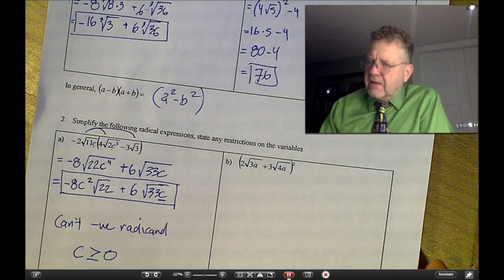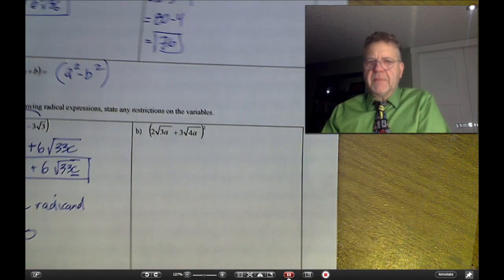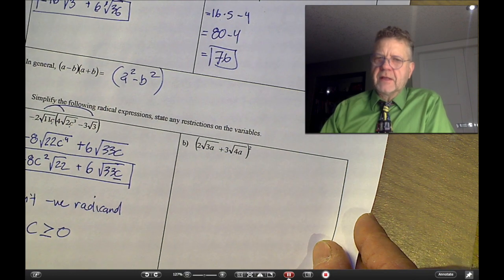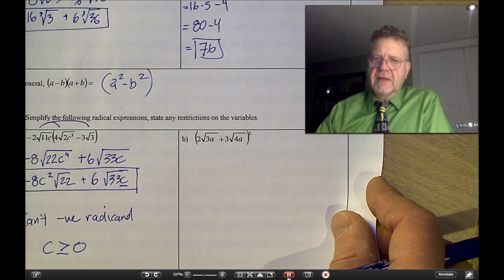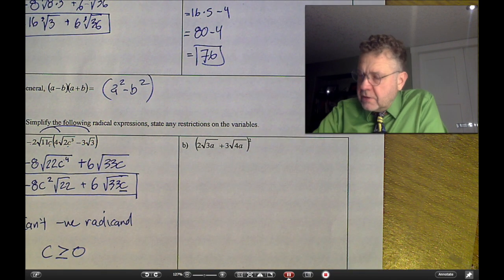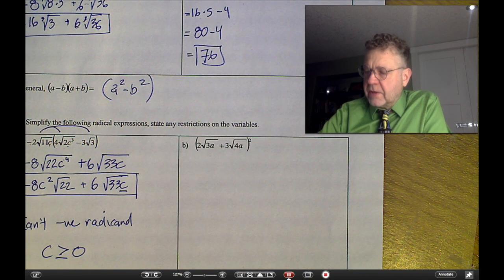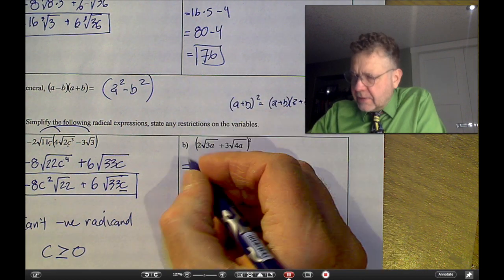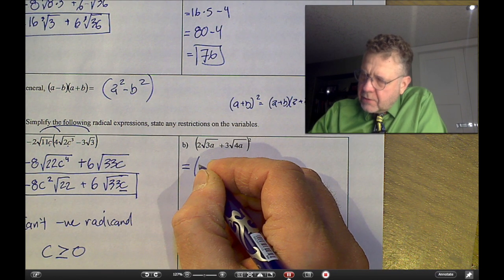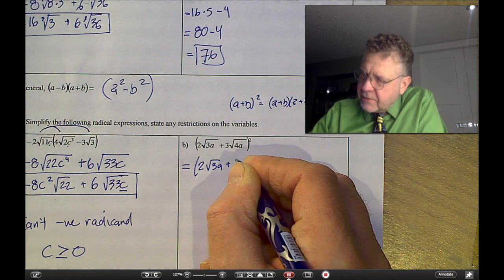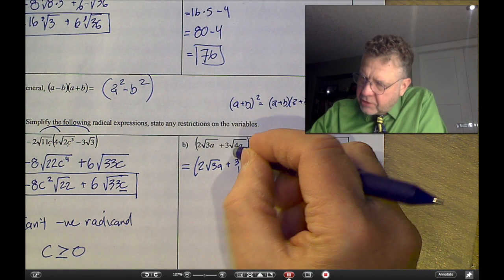All right. So now you just know things are going to get messier and messier, and in fact, they are. So let's take a look at this mess here with me. Everything is reversed on the camera, right? So we've got 2 times the square root of 3a plus 3 times the square root of 4a, quantity squared. You know what? I better do 2 root 3a plus 3, oops, that looks like the cube root, don't it?